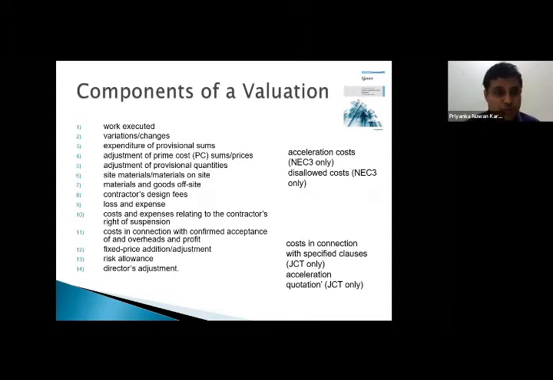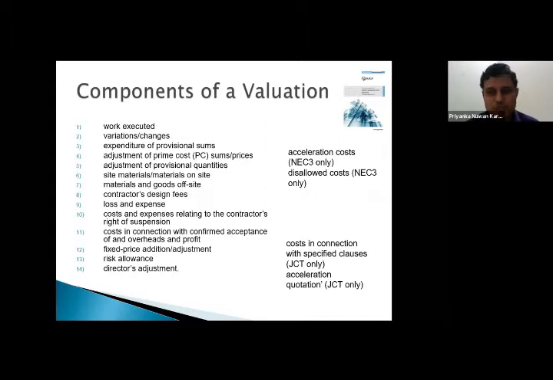I used variations / changes because, as you are aware, the New Engineering Contract, NEC, does not distinguish between a variation and a claim. They give a single name for that, which is called a compensation event.